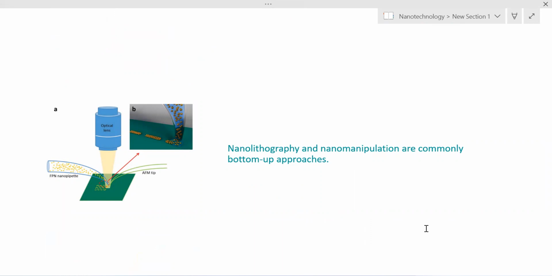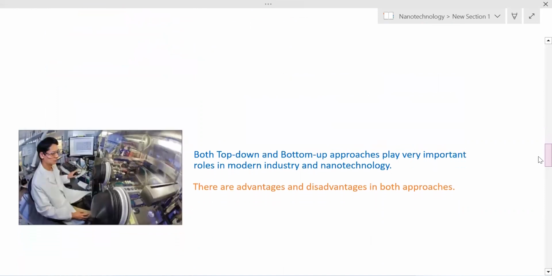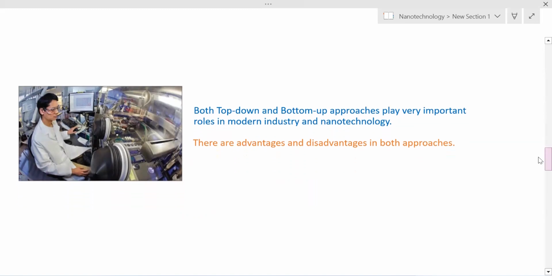So these are the common bottom-up approaches for synthesizing nanomaterials. Both top-down as well as bottom-up approaches play a very important role in the modern industry and nanotechnology. Both methods have advantages as well as disadvantages.